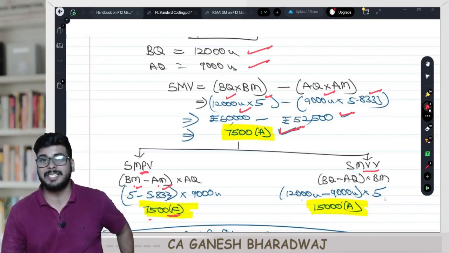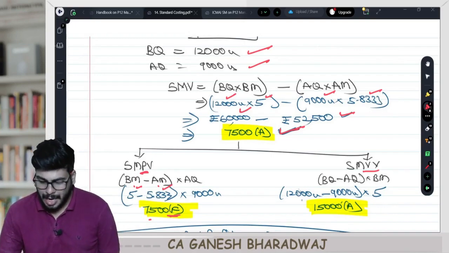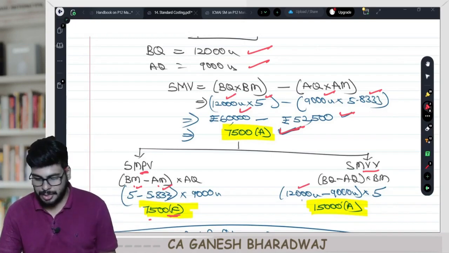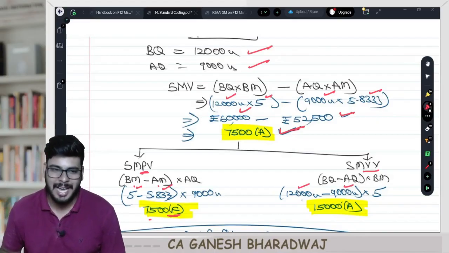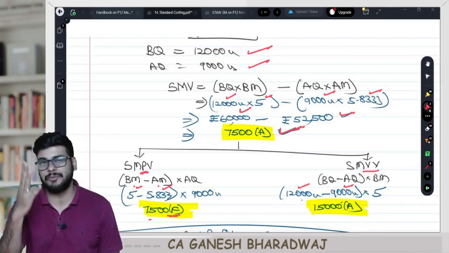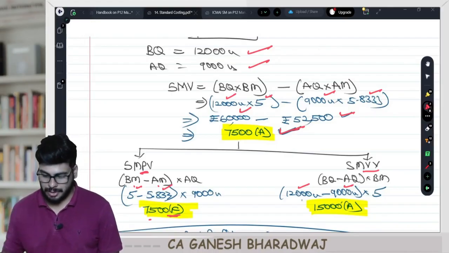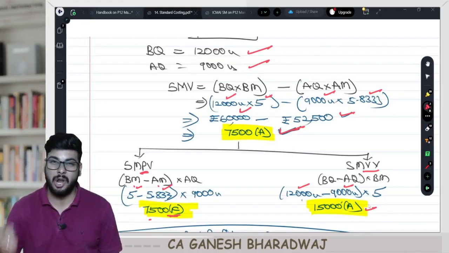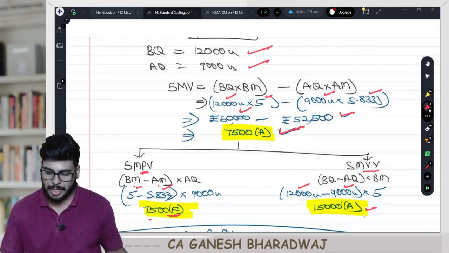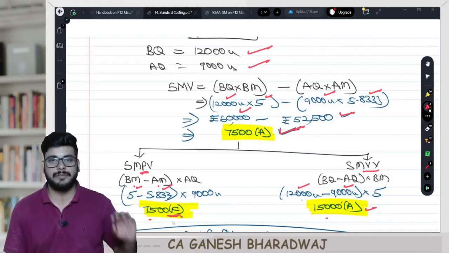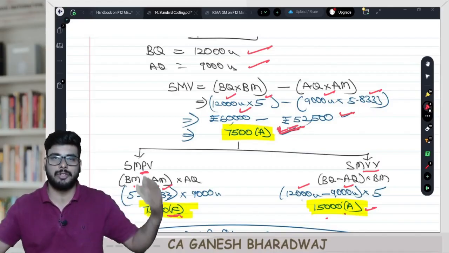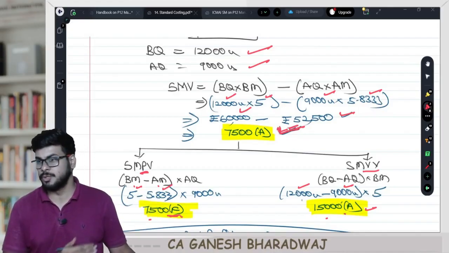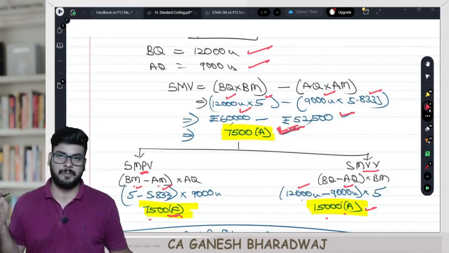Similarly, for the sales margin volume variance, I plan to sell 12,000 units, but I actually ended up selling only 9,000 units. I sold 3,000 units less, and had I sold each of these units, I would have got 5 rupees of profit. So 3,000 into 5, 15,000 rupees. I lost my profit, so 15,000 adverse. If you net these two, 7,500 favorable plus 15,000 adverse, the total comes out to be 7,500 adverse. Clear with this, guys? That is about this particular question.